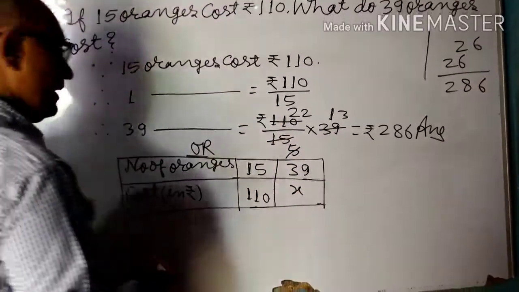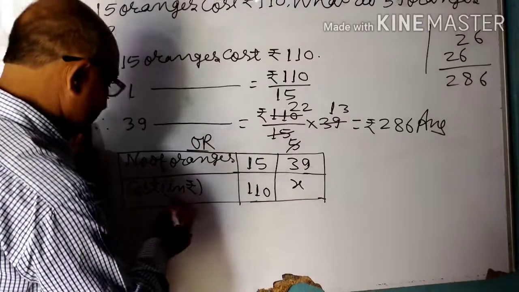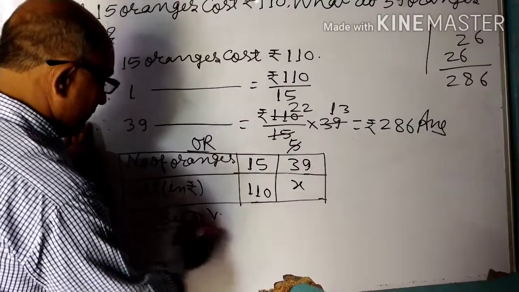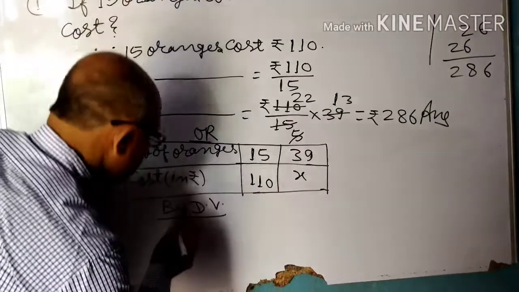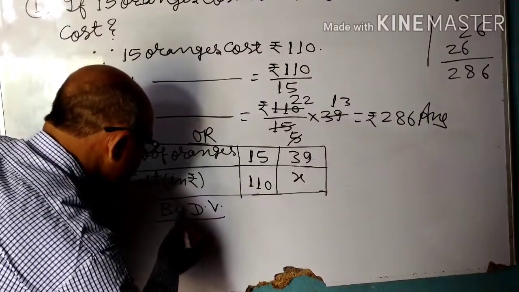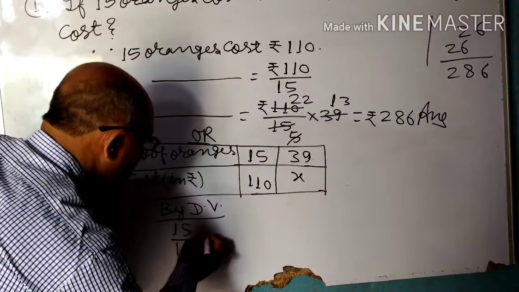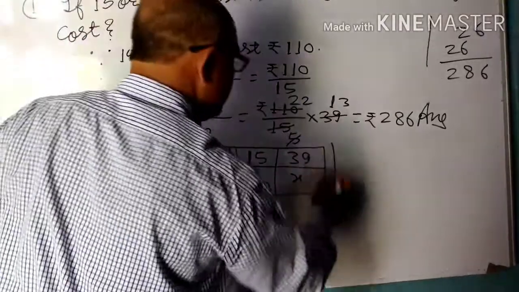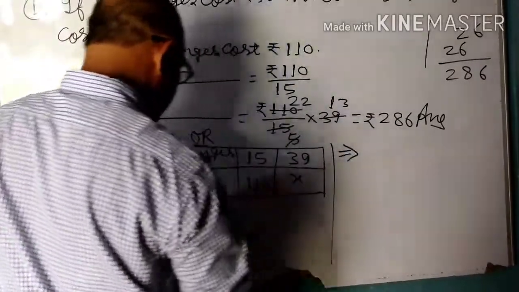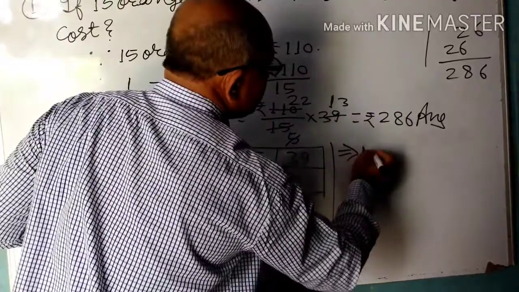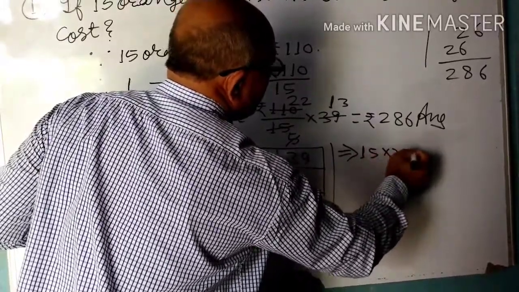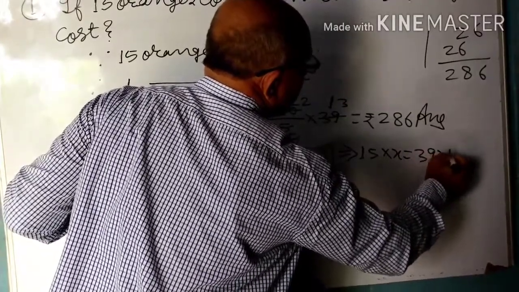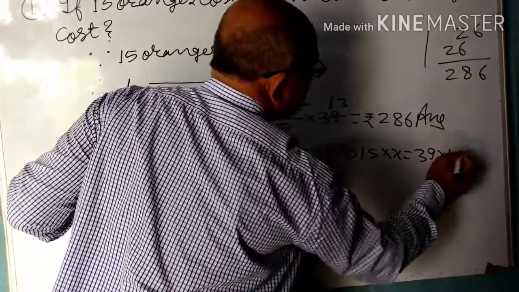So its cost is x, by direct variation. 15 by 110 equal to 39 by x. By cross multiplication, 15 into x equal to 39 into 110.